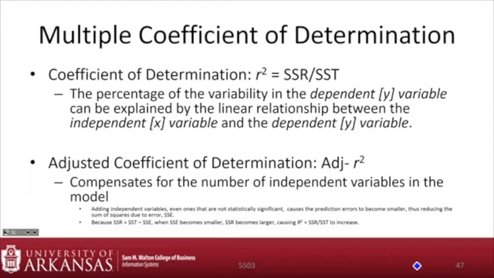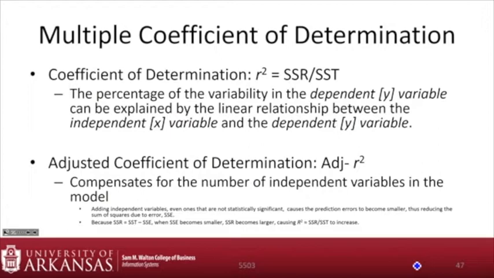So when we add independent variables, whether they're statistically significant or not, it changes our prediction errors. They're going to become smaller and smaller and smaller. If that's the case, then our error becomes smaller, and the effect of our regression becomes larger.